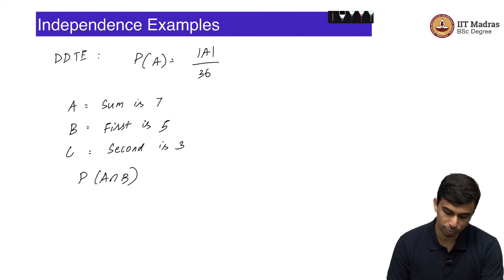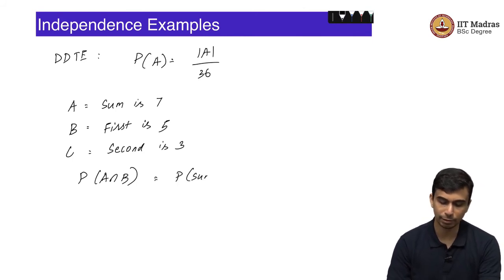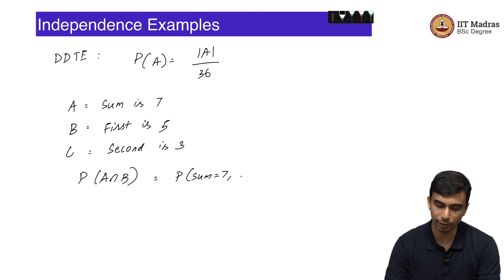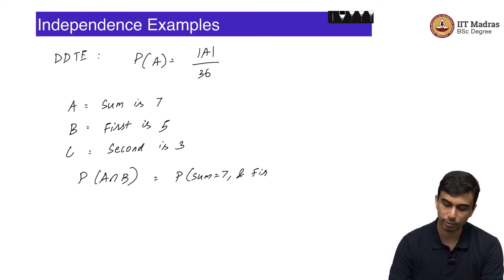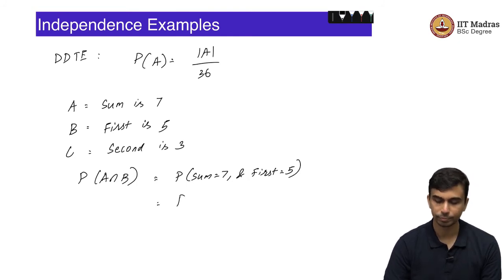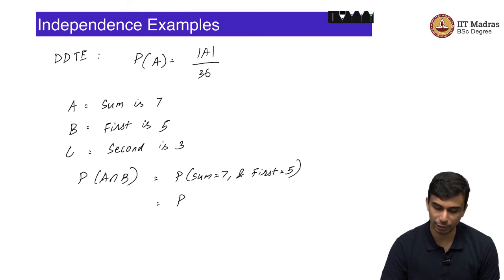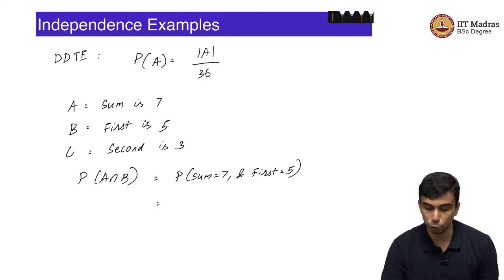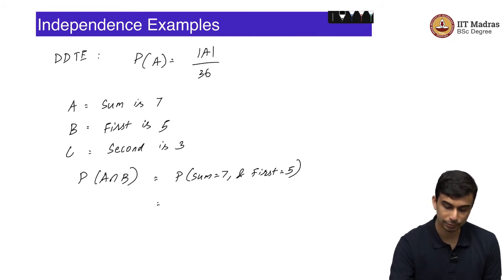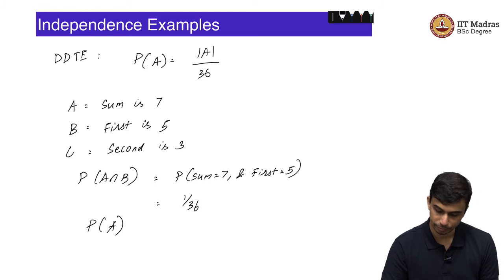Well, what is the probability of A intersection B? It is the probability that the sum is equal to 7 and the first is equal to 5. That is exactly equal to the probability that first equals 5 and second equals 2, which is equal to 1 by 36. What is the probability of A?